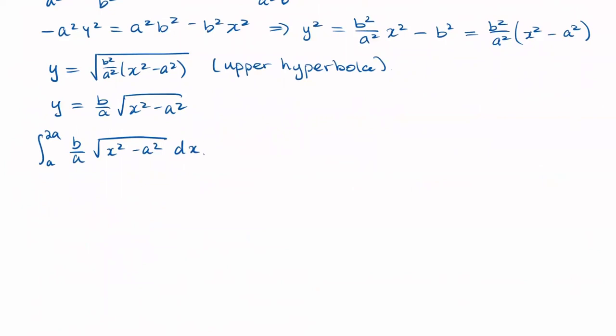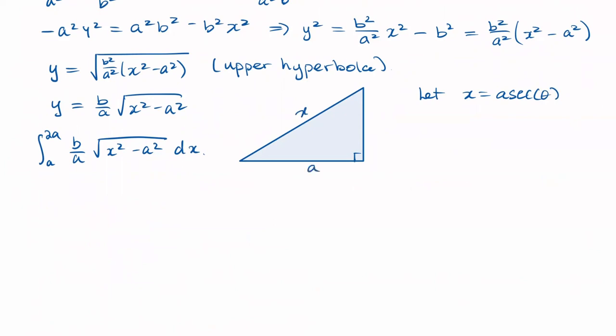So let's say we have a right triangle. For the secant substitution, we're going to let x be a times secant theta. So that means secant is equal to the hypotenuse divided by the adjacent, so this side is going to be the square root of x squared minus a squared.